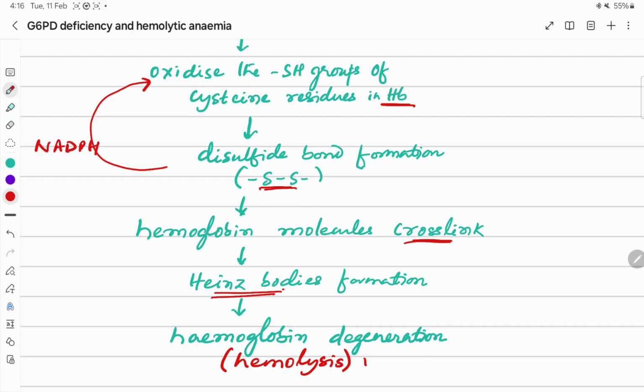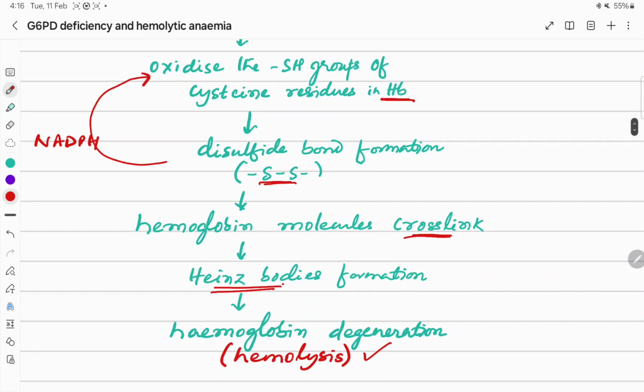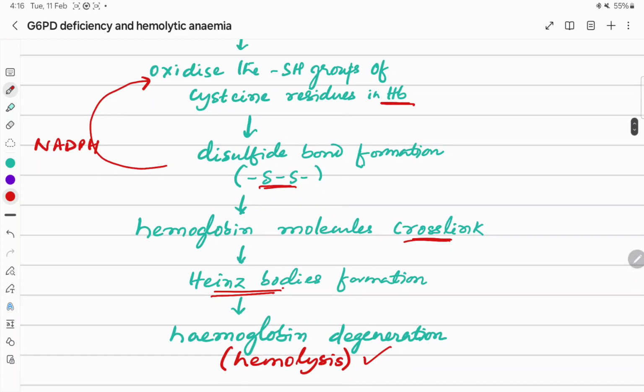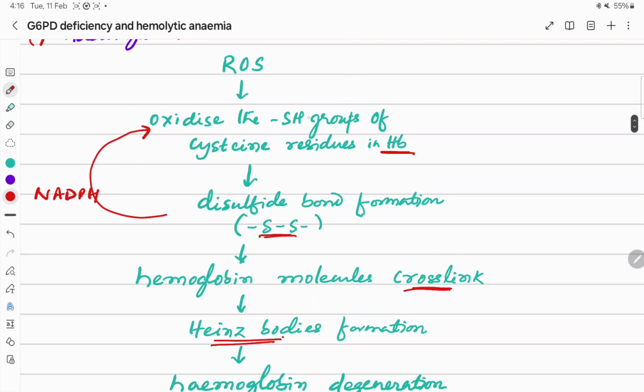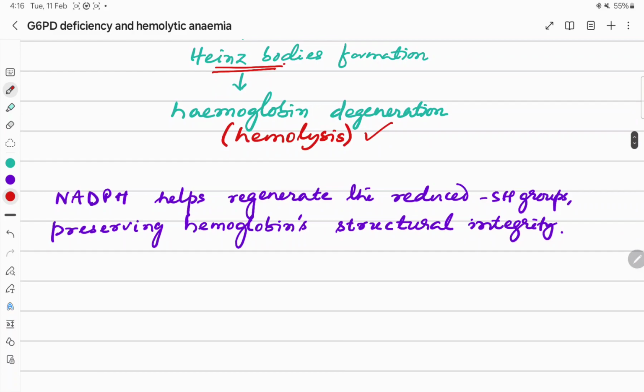We call it as hemolysis. And NADPH regenerates the thiol groups by converting these disulfide bonds to the SH groups. So NADPH helps regenerate the reduced thiol groups, preserving hemoglobin's structural integrity.